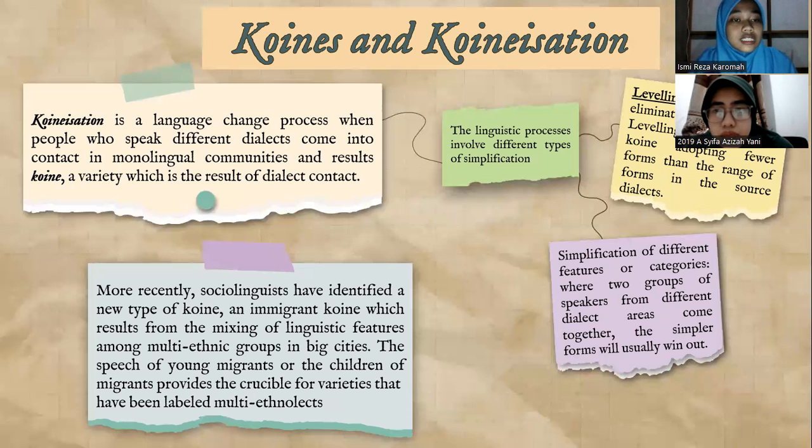And the second is simplification of different word or categories, where two groups of speakers from different dialects come together. The simpler form will usually win out. So when dialect speakers who make the distinction between he was swimming and they were swimming meet dialect speakers who don't make this distinction, for example they say both he was swimming and they was swimming, then the process of simplification suggests that the simpler form will survive.